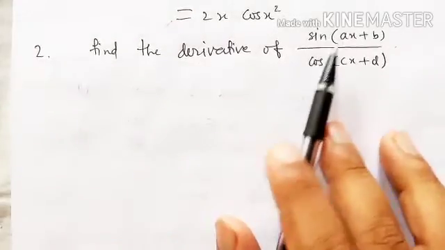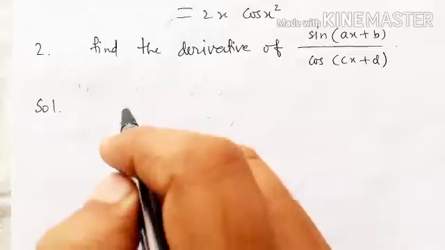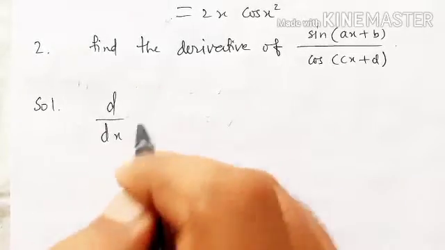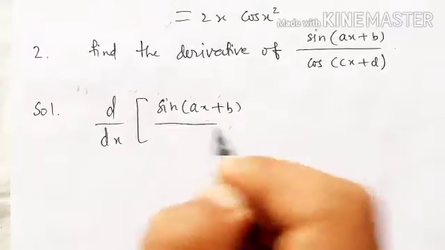Find the derivative of sin(ax plus b) by cos(cx plus d). D by dx of sin(ax plus b) by cos(cx plus d).